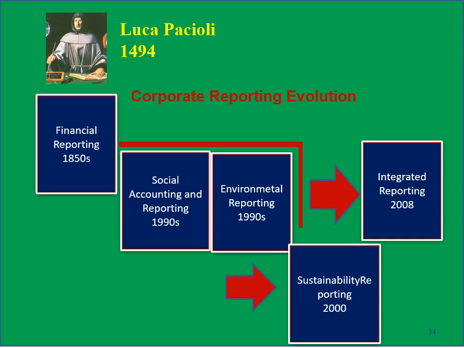Then we have environmental reporting during the same era, the 1990s, and then we have sustainability reporting in 2000s, and the most current reporting we have now is integrated reporting.